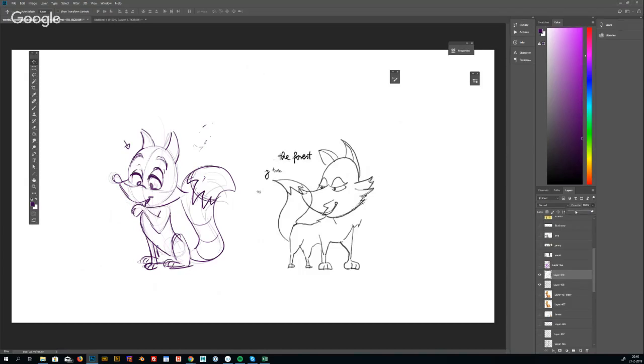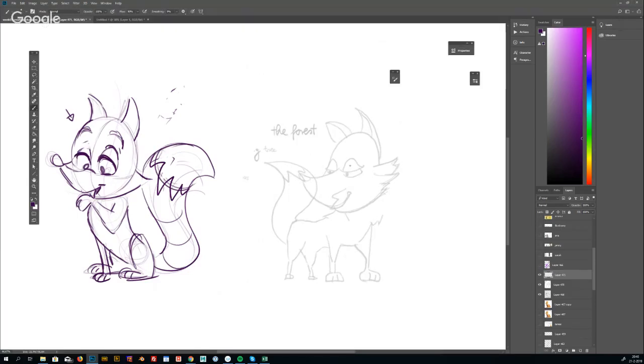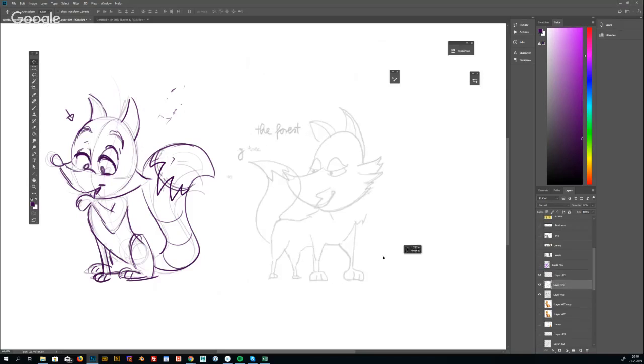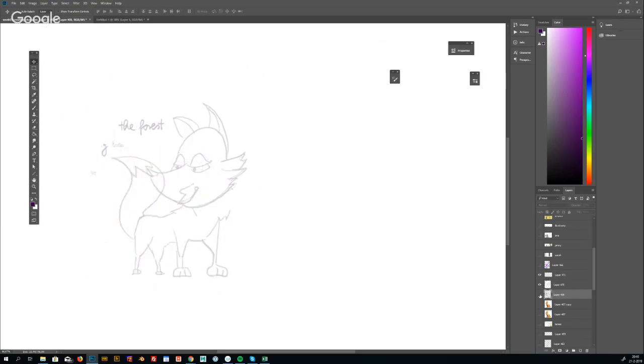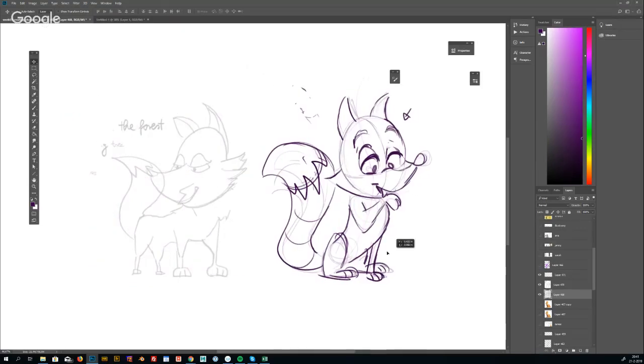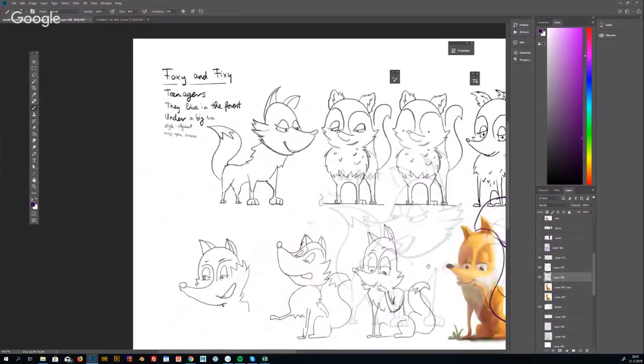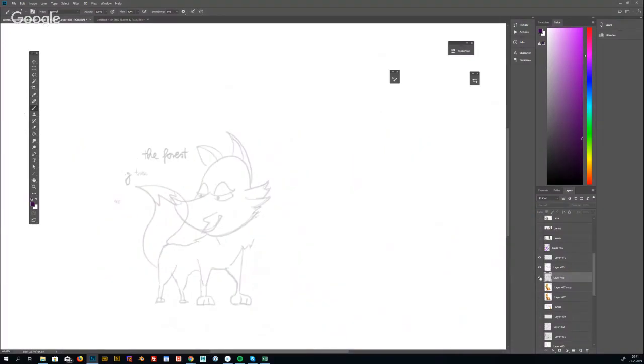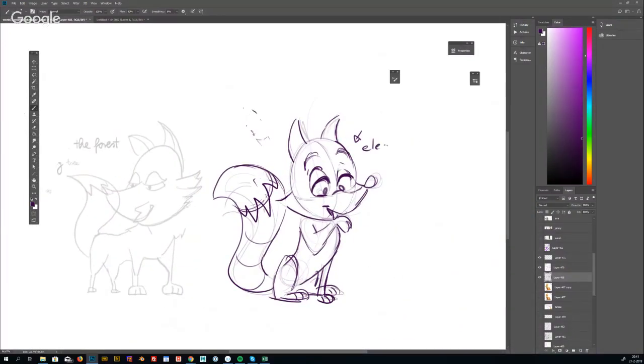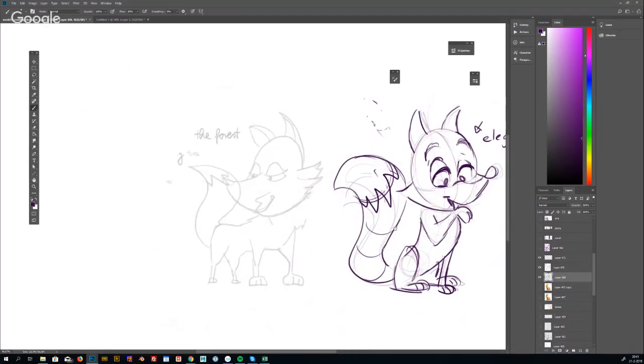So first these two. Maybe they're more like so. This character is, so we have this one, and she's really, how did you call it, elegant. So this character is really elegant.